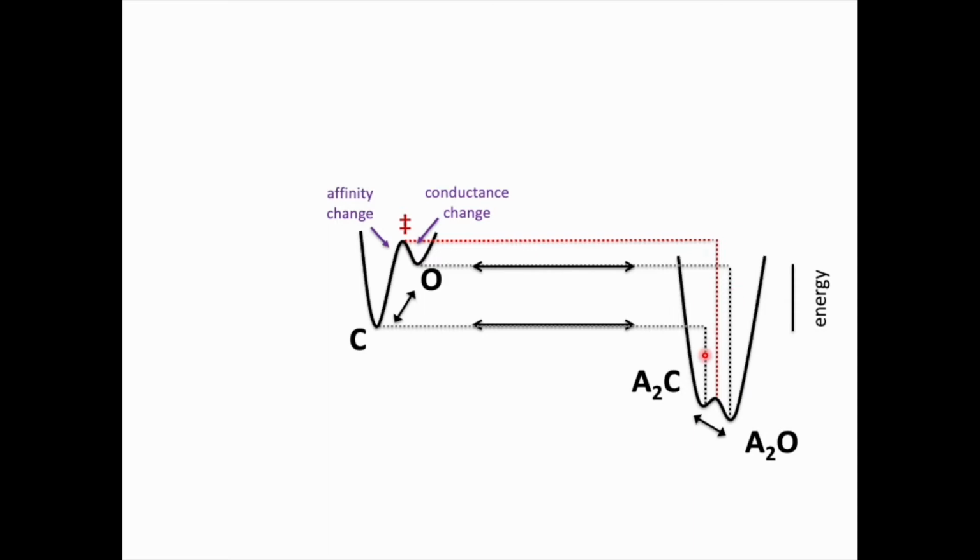And you will also recall that the agonist had the same or nearly the same affinity for O at the transition state as it does in the open state. So that means that the barrier separating C from O is much smaller when there's agonist present than without, and that means agonists open the channels rapidly. They lead to an increase in the opening rate constant.